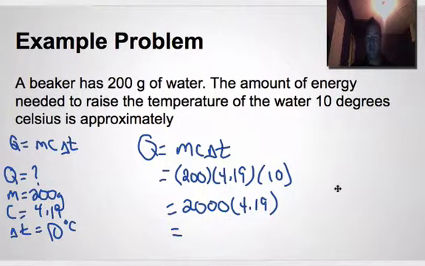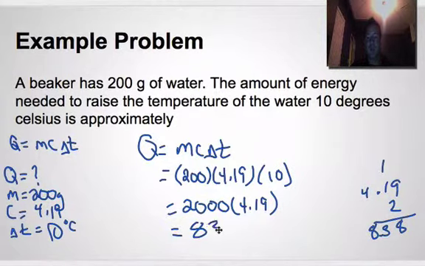Try not to use a calculator here. 4.19 times 2 is going to equal 8, carry the 1, 2 is 3, and 2 is 8, two decimal places, 8.38, and then we add a bunch of zeros to it, so it's going to be 838,000. That's the energy transferred, in joules.